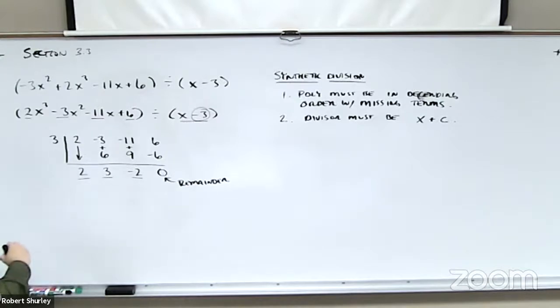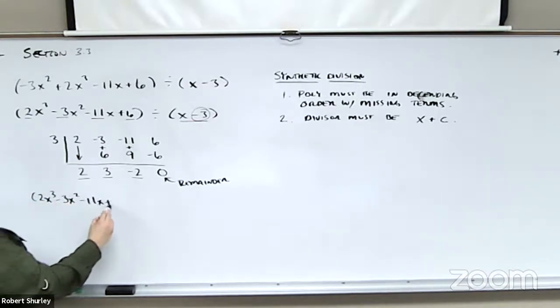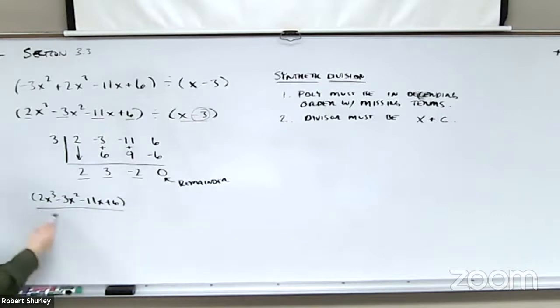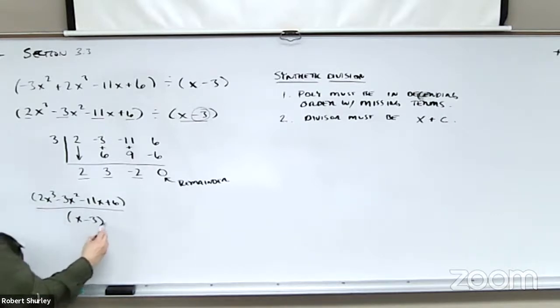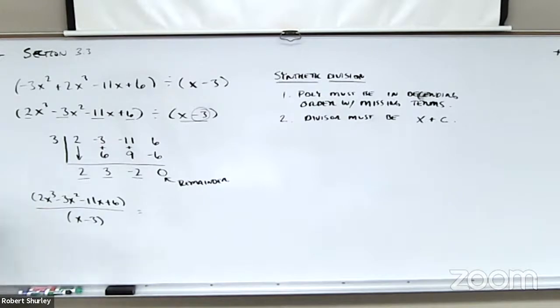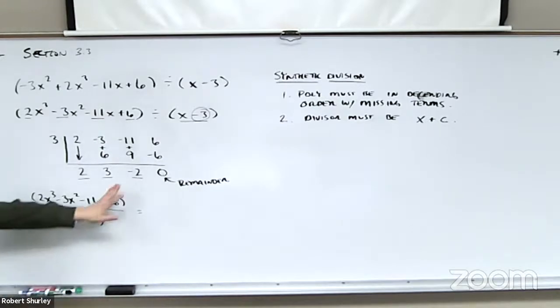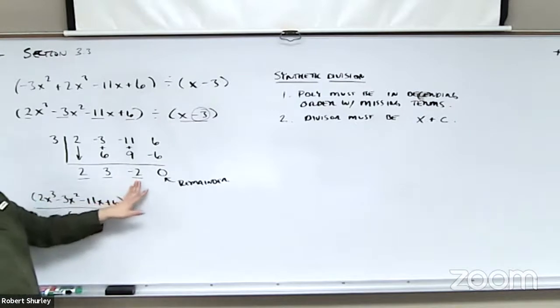Okay? So I'm going to write this out. What we found, I'm going to write it again. 2x cubed minus 3x squared minus 11x plus 6 divided by x minus 3 is equal to, the suspense, I know, is 3. Look, this is our constant. This will always be our constant.